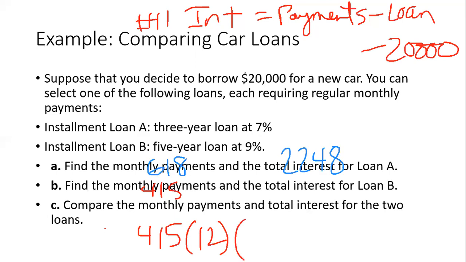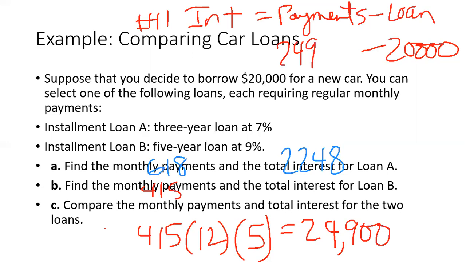But we're doing this for 5 years. So we multiply that, and we end up with $24,900. And when you subtract, you get 4,900.